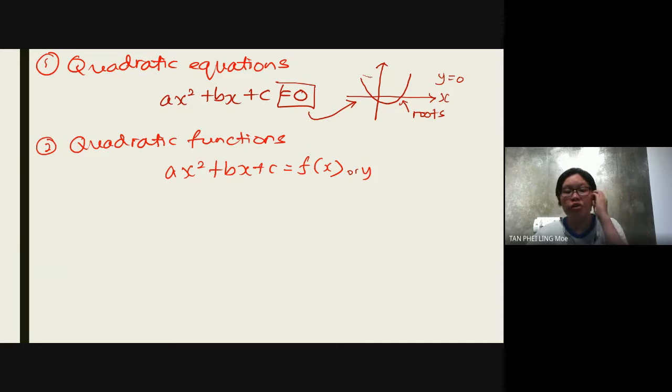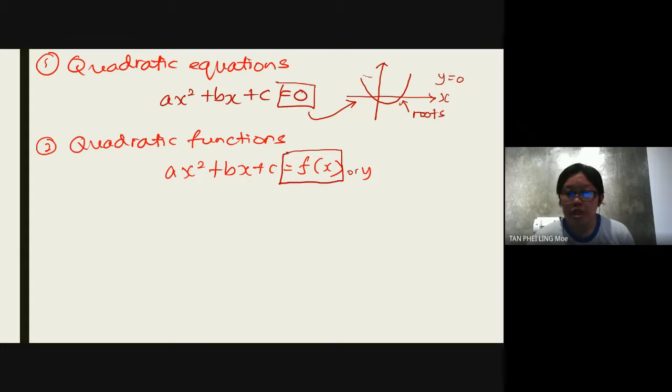When you solve a quadratic equation, it equals to 0, or 3, 4, 5. It tells you it equals to a fixed value, which means it is the intercepts that they are looking at. Like here it equals to 0, that means it is the x-intercept, which we also call the roots. But if you just put it in general as f(x) or y, that means it is a curve.